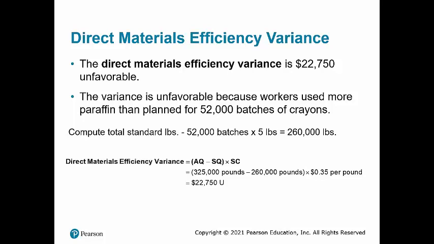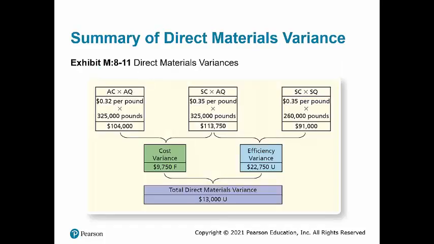This slide summarizes how Cheerful Colors divides the $13,000 unfavorable direct materials flexible budget variance into its cost and efficiency components. Note that favorable and unfavorable variances are netted together in the same way that debits and credits are netted together.